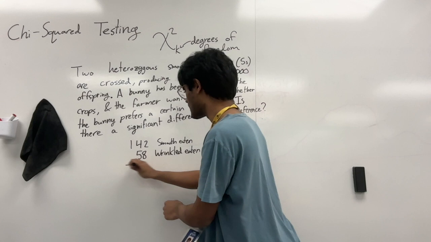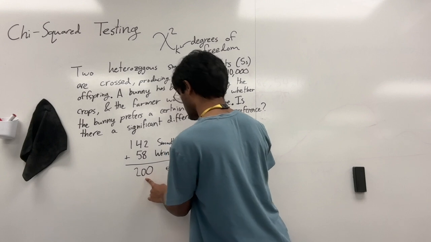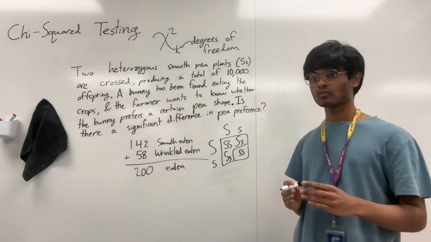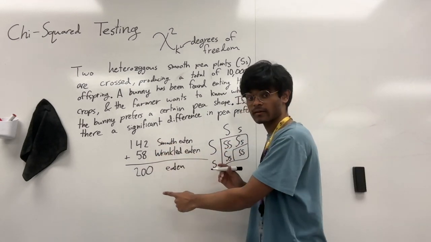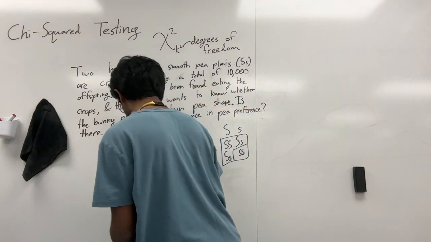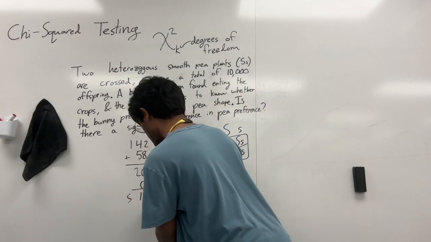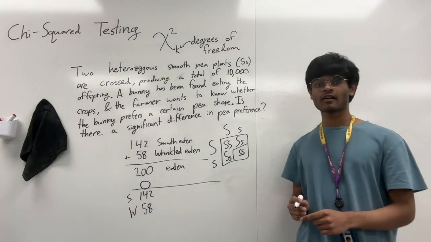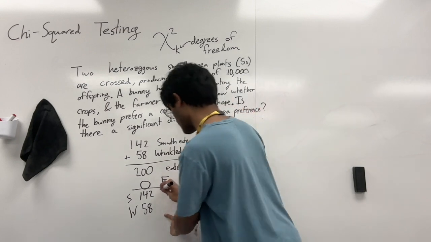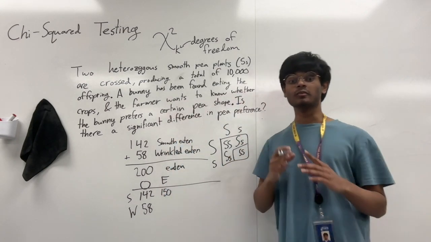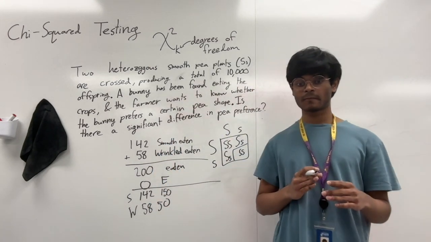So out of the total of 200 plants that the bunny has eaten, instead of observing 142 smooth being eaten and 58 wrinkled being eaten, we would have expected 3/4 of 200, or 150 smooth pea plants to have been eaten, and 50 wrinkled ones to be eaten.